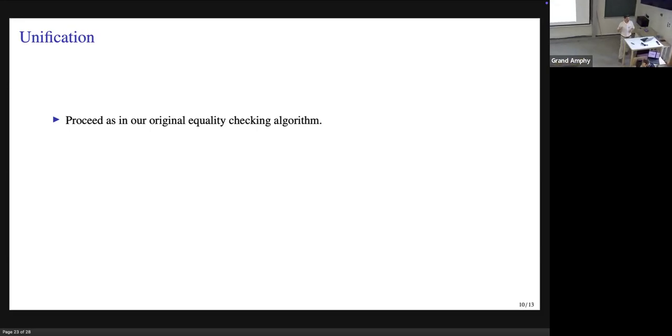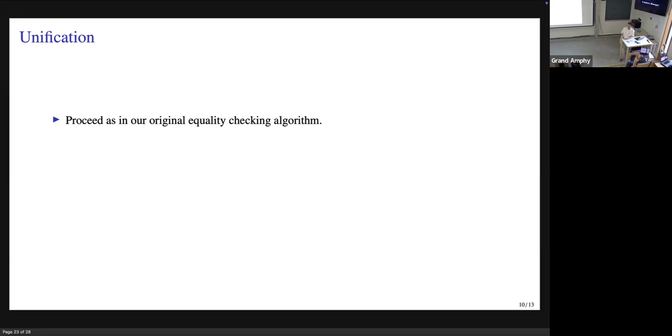Unification is equality checking, but it's more flexible because on the fly, as it's doing equality checking, it will also solve equations as necessary. So if there are any meta variables, and it sees an opportunity to say, oh, because this is supposed to be equal to that, therefore some meta variable I can calculate, it'll do that.